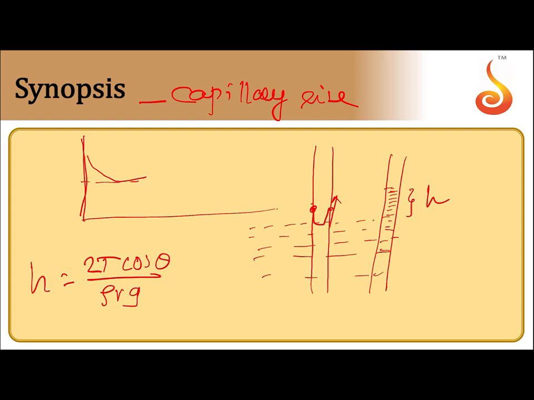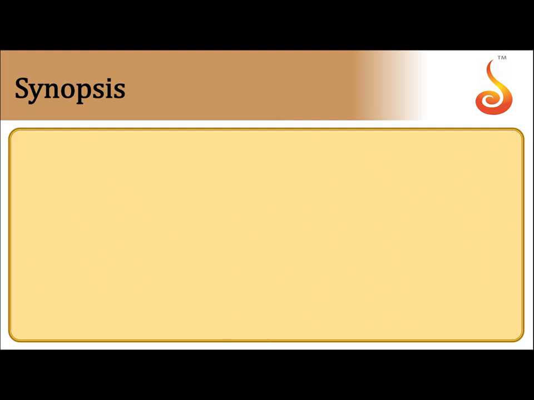Here, rho is the density of the liquid, r is the radius of the capillary tube, g is the acceleration due to gravity, T is the surface tension, and theta is the angle of contact. This height is measured from the bottom of the meniscus. However, there exists some liquid above this line also. So if the correction is taken into consideration, it looks something like this.